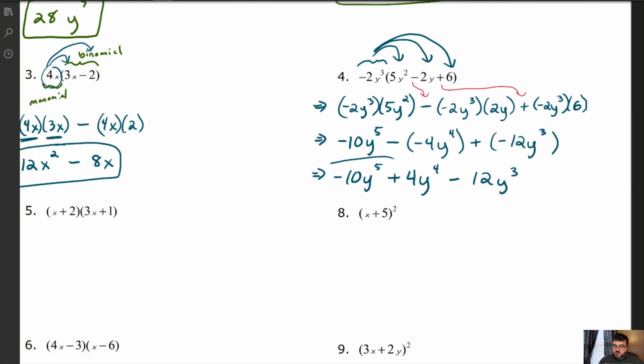Now I'm not sure the homework would count off if you left it plus and then in parentheses negative 12y to the third, but the cleanest way to write it is minus 12y to the third right there. And now you don't have any parentheses that you have to deal with or anything. So yeah, this would be the cleanest way you want to write it, where I circled it right here at the end.